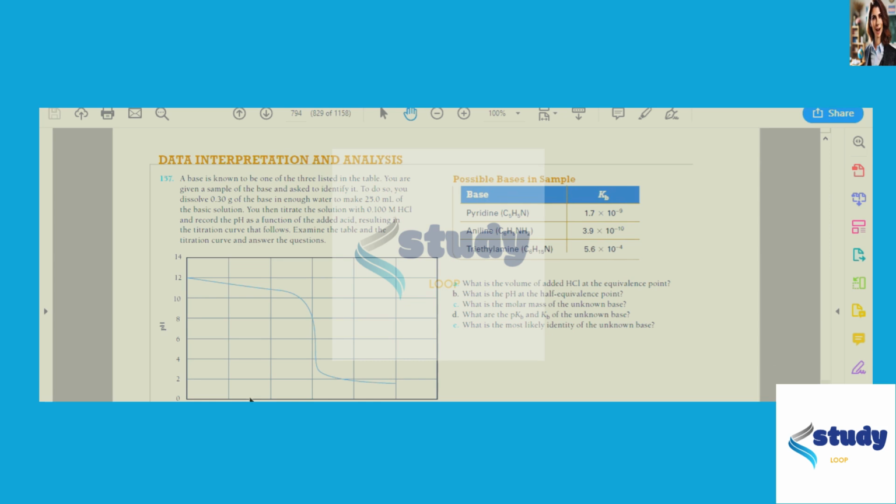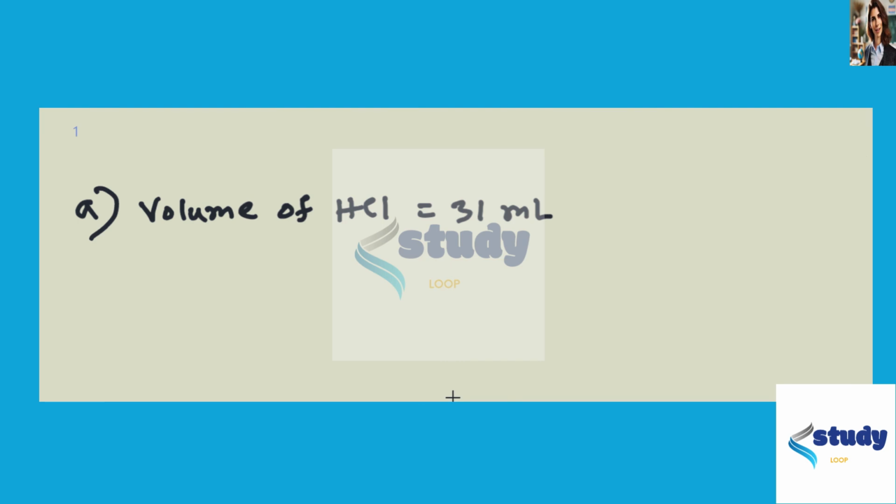At 15.5 ml, the pH will be somewhere here. If we draw a straight line from the titration curve to the pH axis, the pH here is basically 11. So the pH at the half equivalence point is 11.